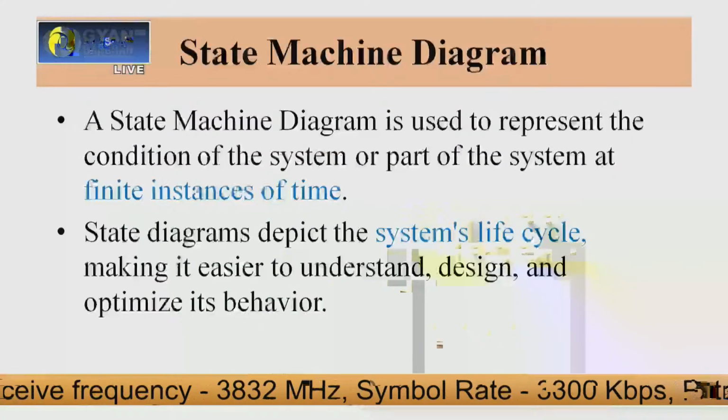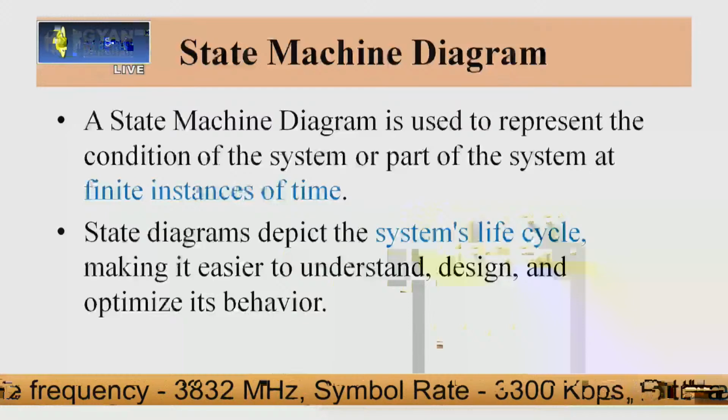These are all determined with the help of participating events occurring in that particular system, and on the basis of that the object state is changing. As I said, the state diagram basically depicts the system's life cycle.